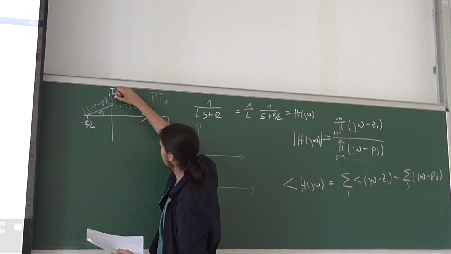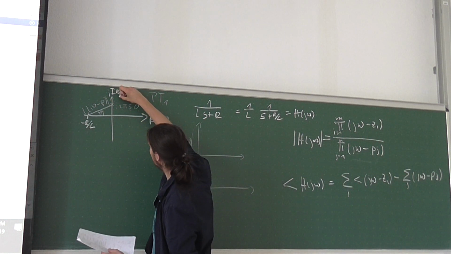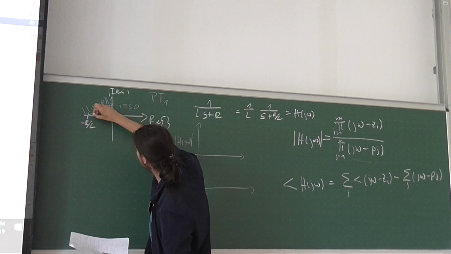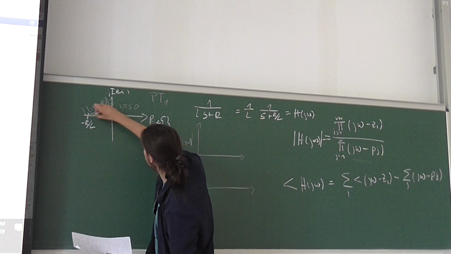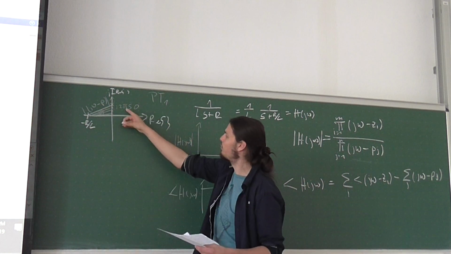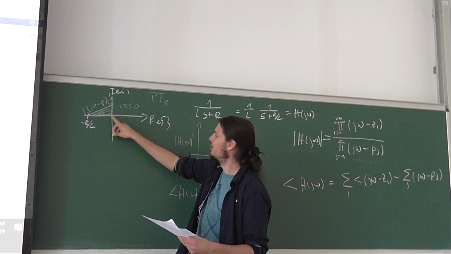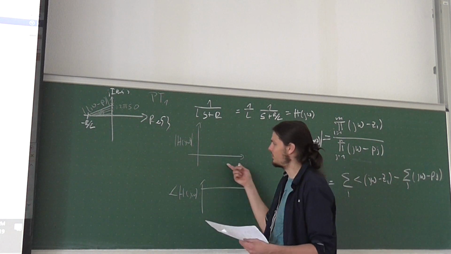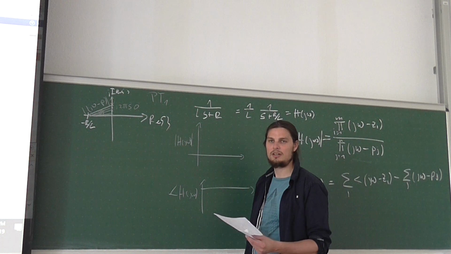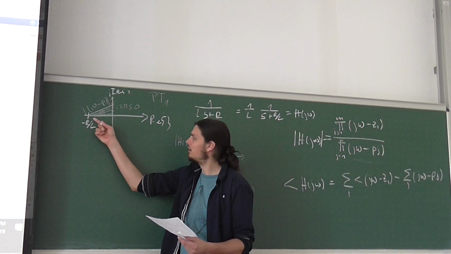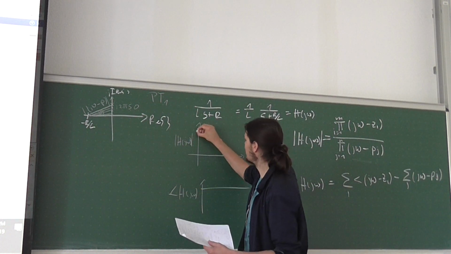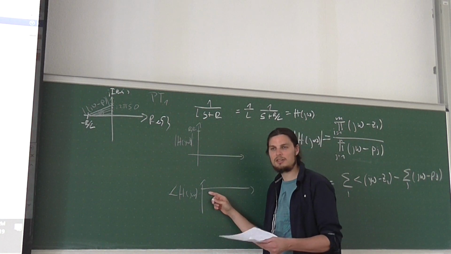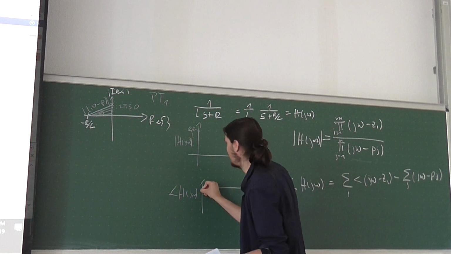Sorry, this is for 50 hertz, and this would then be for 100 hertz and so on. I go up. So basically what I do is I evaluate this with different angles and different amplitudes for different points. So what would it be at 0 hertz? We don't have 0 hertz, but very low. It would be just the pole. So it would start at R over L, and the angle would start at 0.